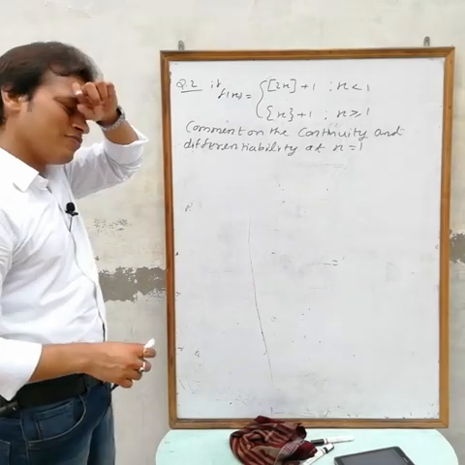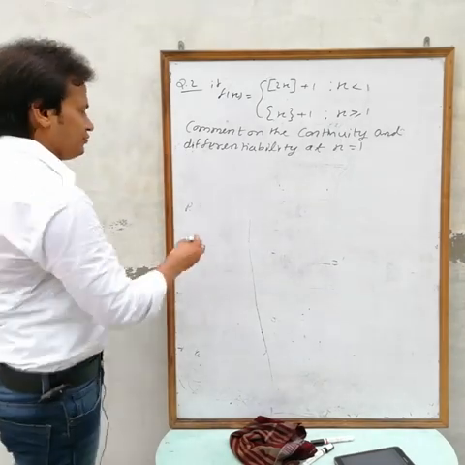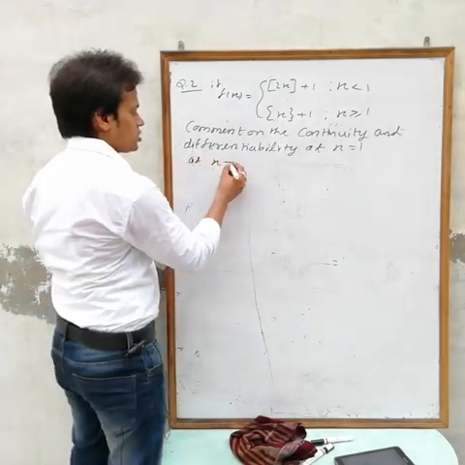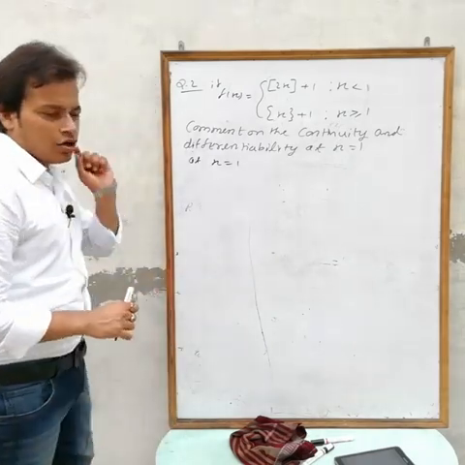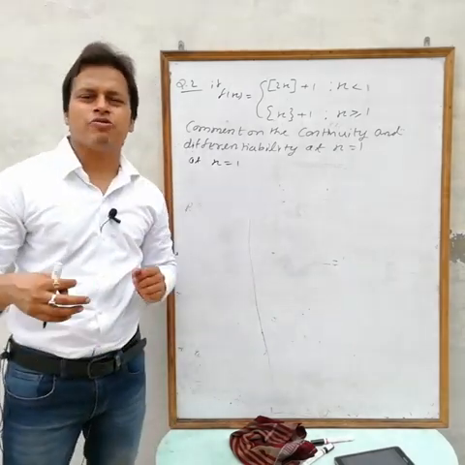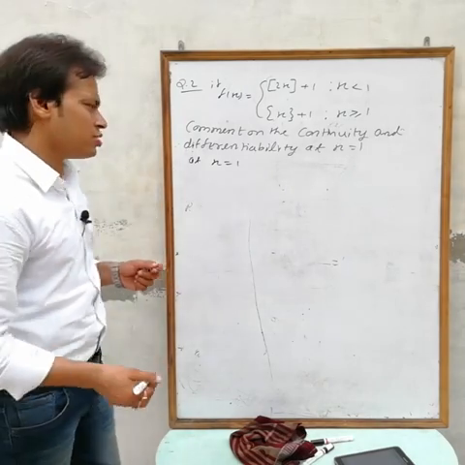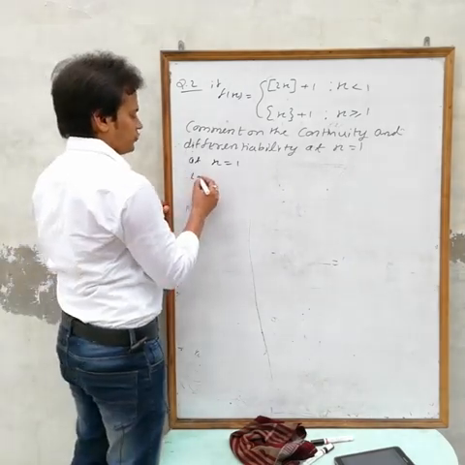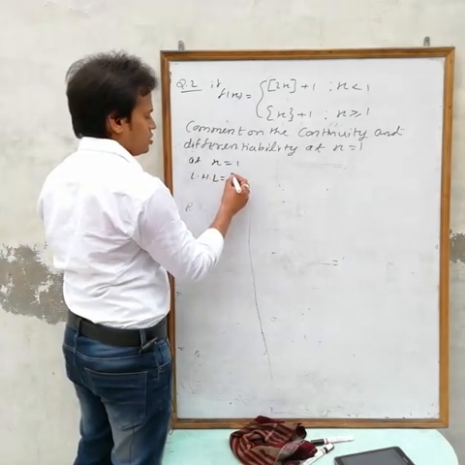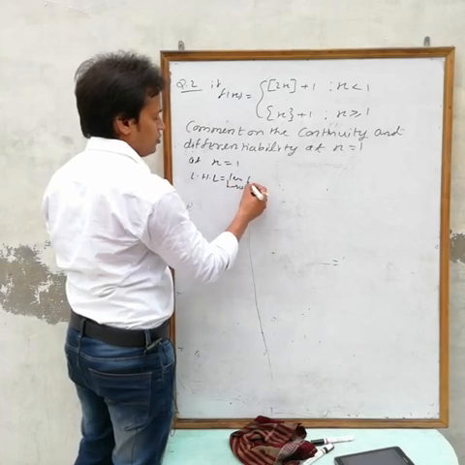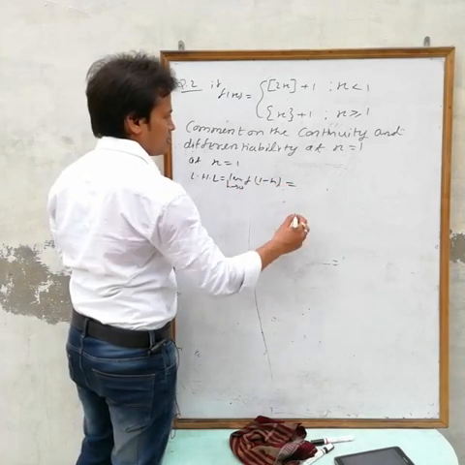Okay, so first I am checking for continuity at x equals 1. Now for continuity, what do you want? LHL equals RHL equals f(1). Okay, just find out. LHL is limit h tending to 0 of f(1 minus h).